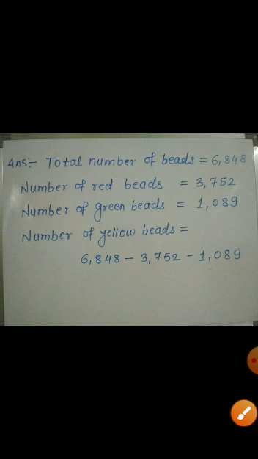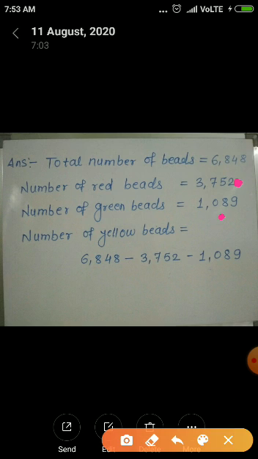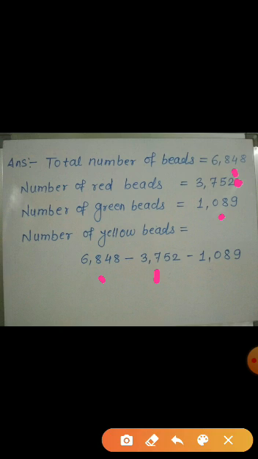So I subtracted the green beads and red beads from the total. So 6848 minus 3752, minus 1089. So we got an equation in which we have to perform the subtraction twice.